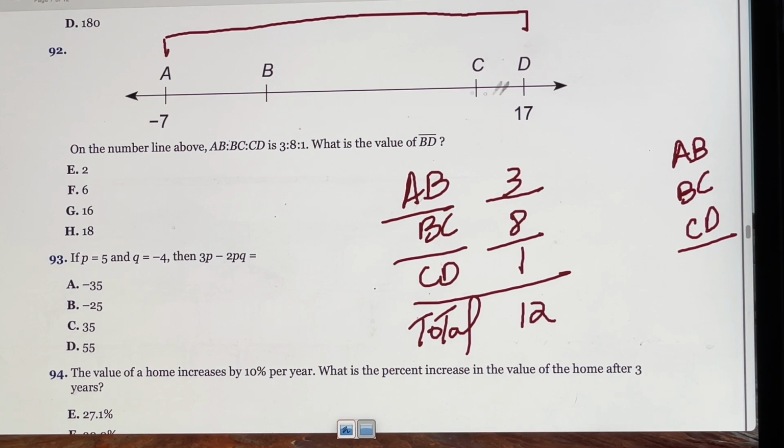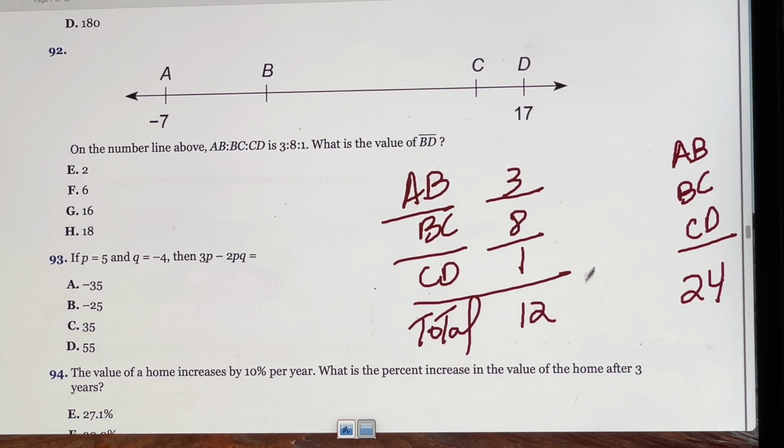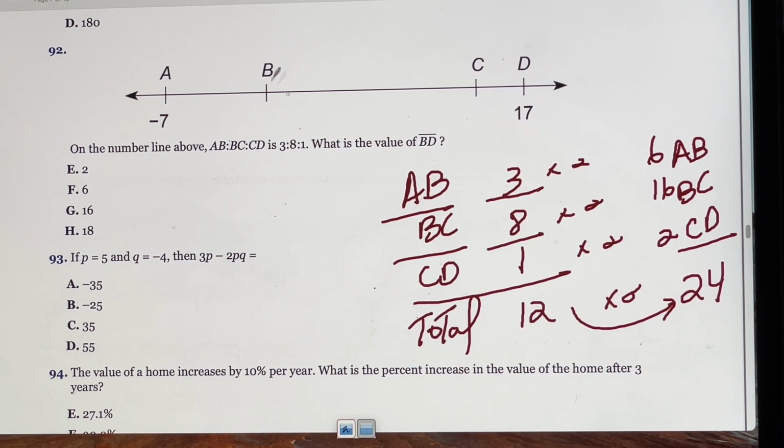Well, from negative 7 to 17 is 24. Here we can find a relationship: times 2, times 2, times 2, times 2, and that's going to give us 6, 16, and 2. So AB currently is 6, BC is 16, and CD is 2. So what's the value of BD? Well, 18.